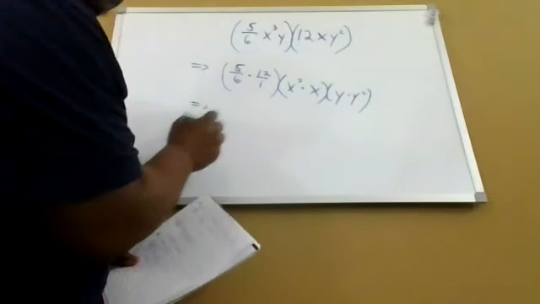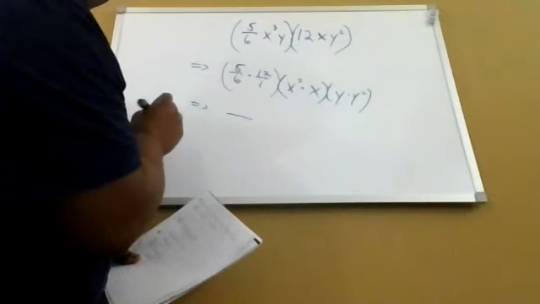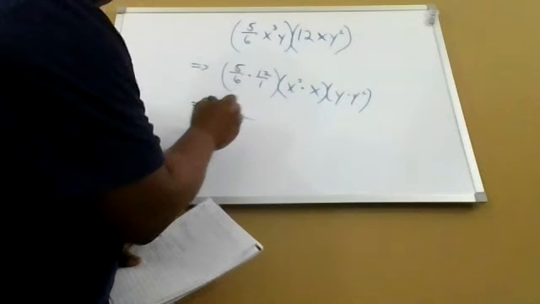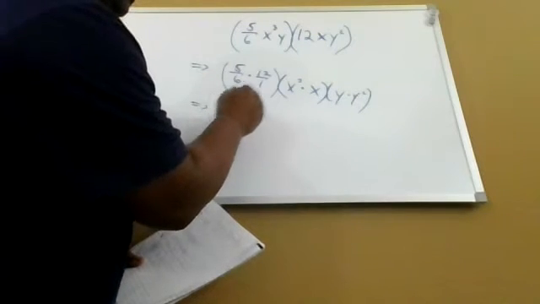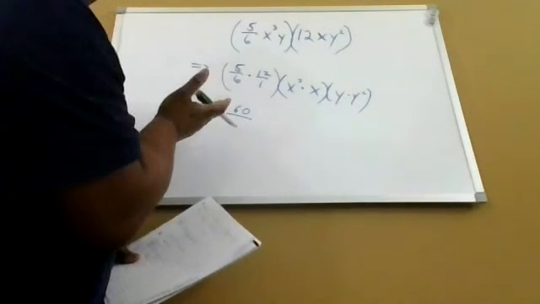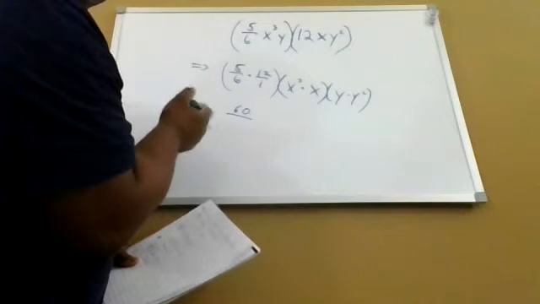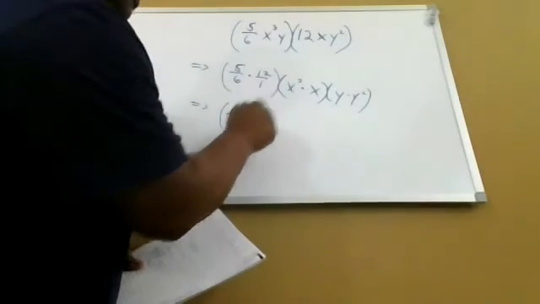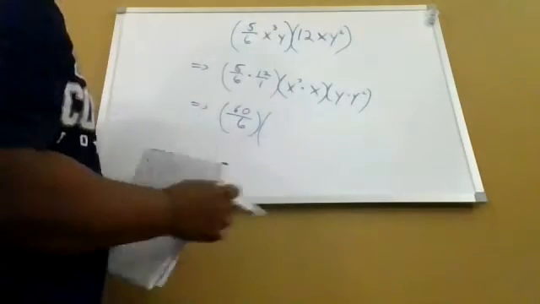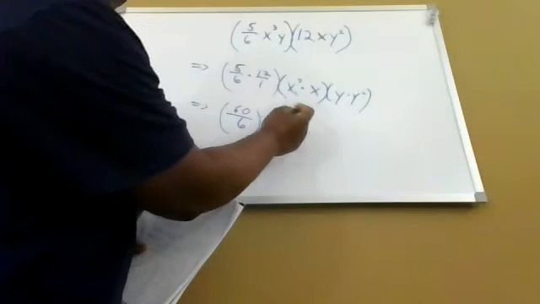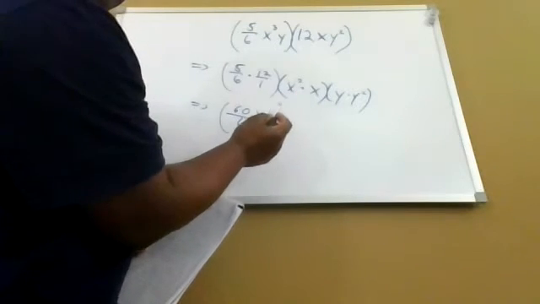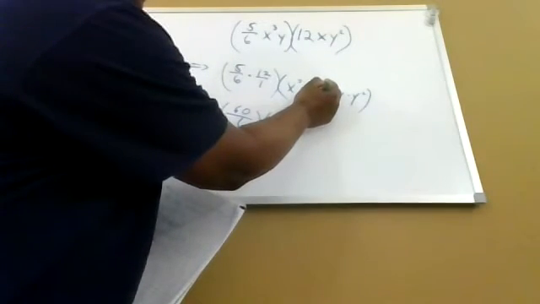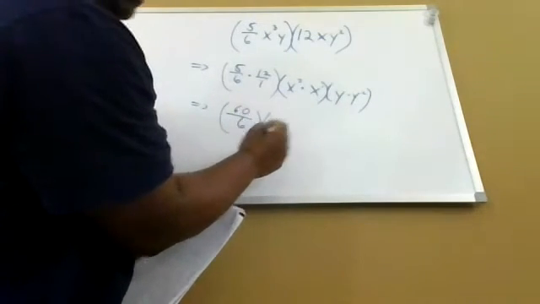My next step for this fraction, my numerator is going to be 12 times 5, which equals 60. That's my numerator. My denominator is going to be 6 times 1, which is 6. Okay, for my next multiplication, x to the third times x to the first power is going to be x to the fourth power.